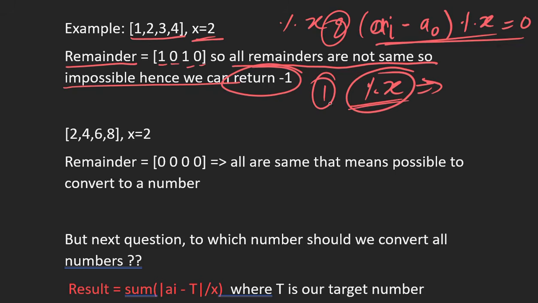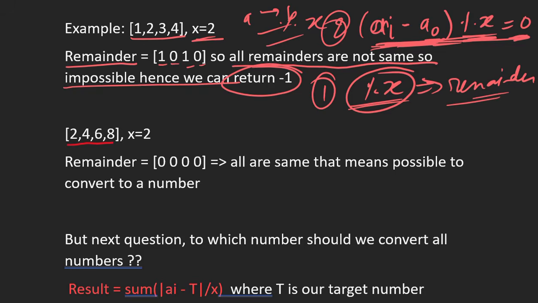So in the first method, we take the modulus operator with every number by x, and if all the remainders are same, then it is possible. Or the second method is ith number minus the 0th number, we take the difference of those two and then take the modulus operator, and if the remainder is 0, like I have told you this method above, when we have to make two numbers a and b equal.